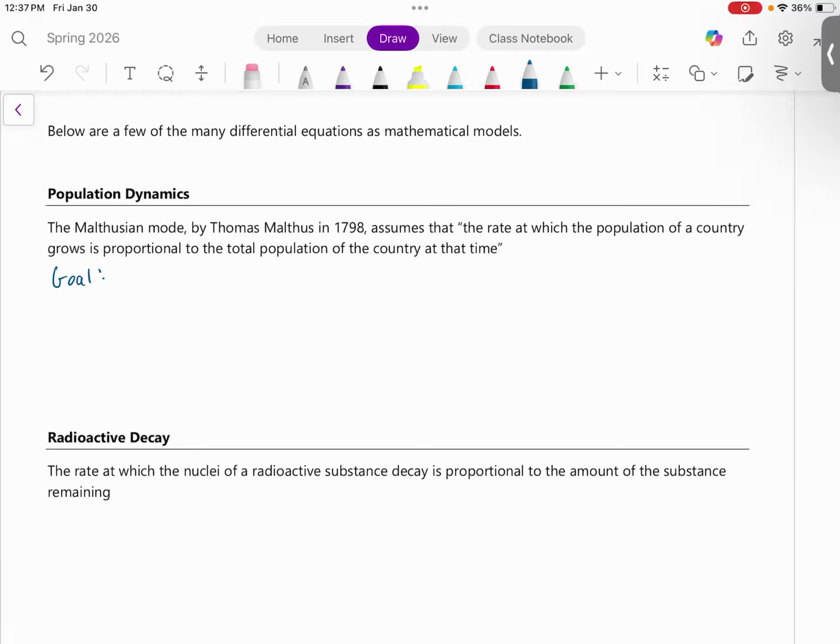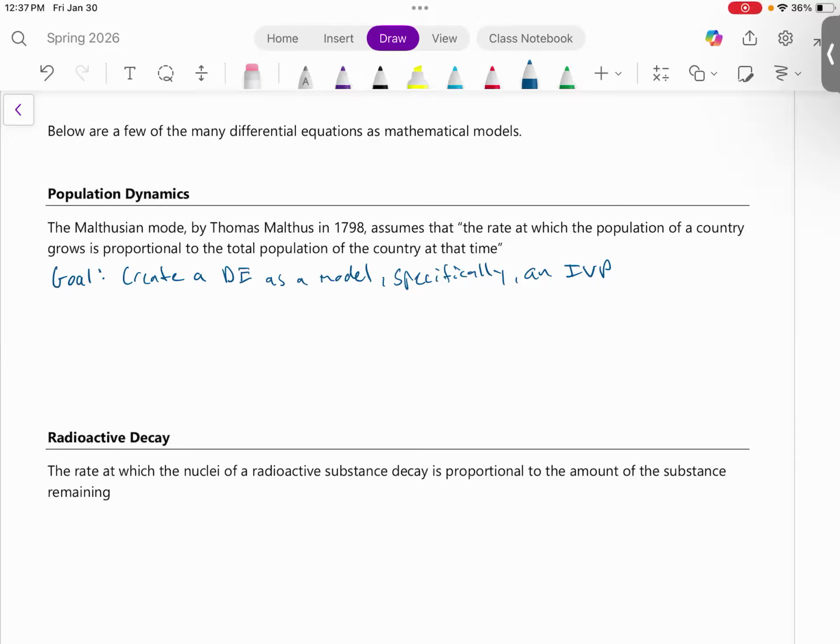So the goal here is to create a differential equation as a mathematical model, and specifically, we want to create an initial value problem. We're talking about the population, the rate at which the population grows.